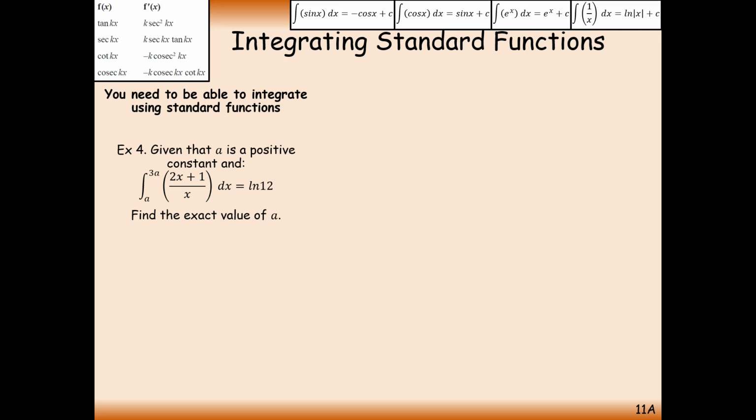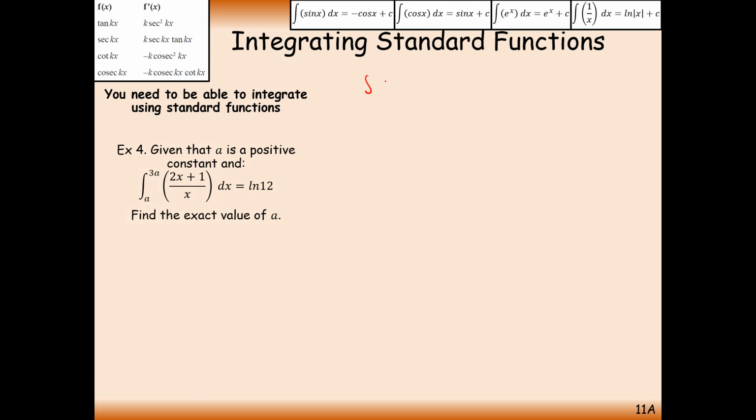In this example, we've been asked to integrate, we actually have the answer to the integral, and we have been asked to calculate the value of a. A is a constant that's given to us in the limits of the integral. As scary as it might look, we can divide this fraction into two parts, which are simpler to work with.